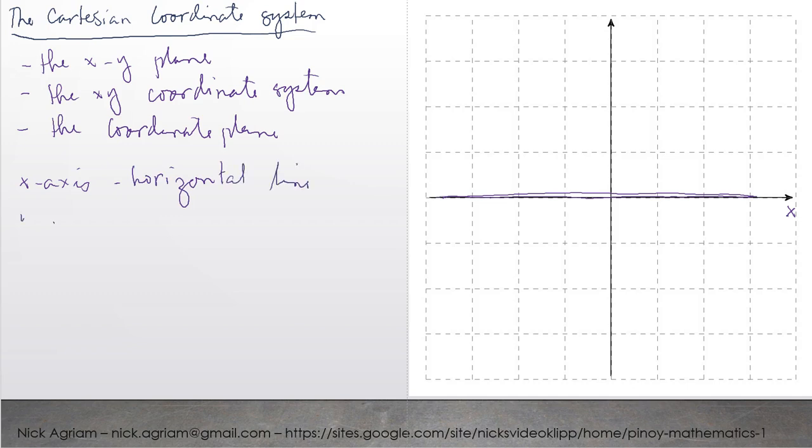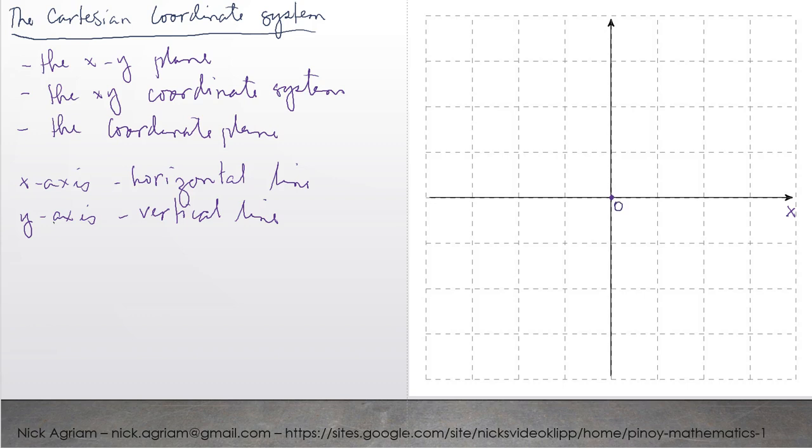The vertical line, we call the Y-axis. Both of these are number lines. In the middle, that point, we call the origin.